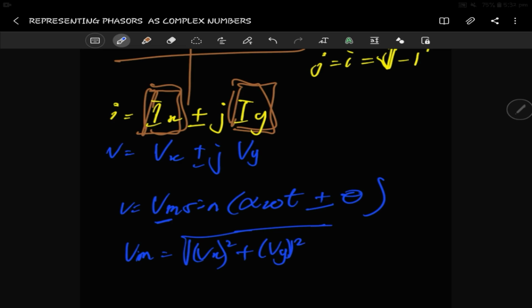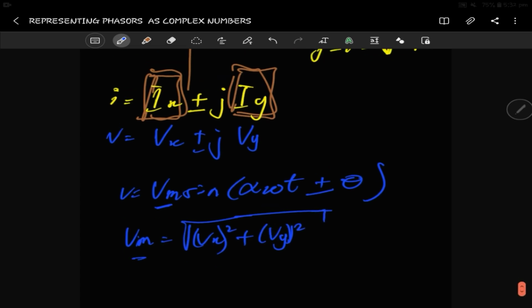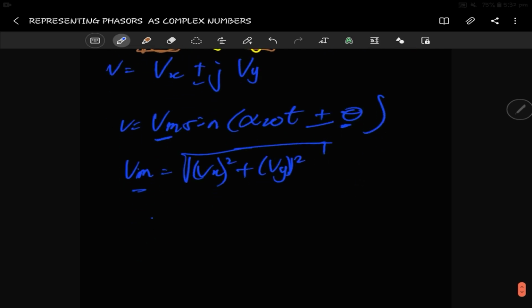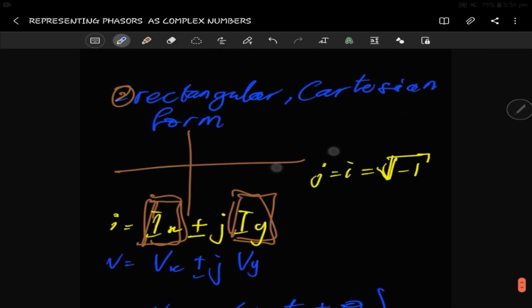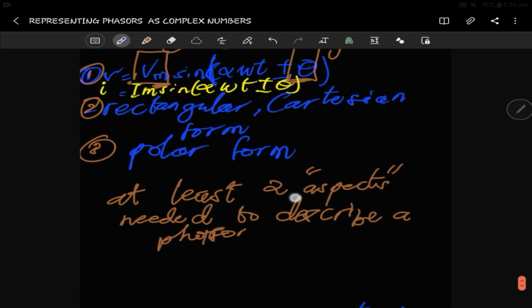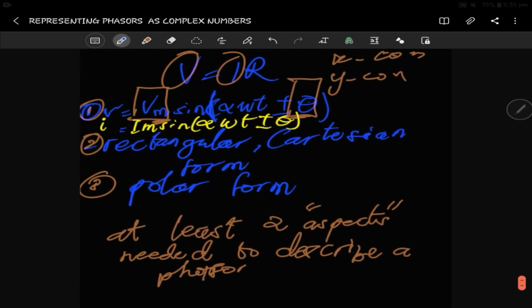And that's what will give you the Vm. And if you want to find the phase angle, it is basically the tan inverse of Vy over Vx, positive or negative, and that gives you theta, the phase angle. So clearly the Cartesian or rectangular form can also be turned back to the original, the first one that we wrote, which is as a function of time.